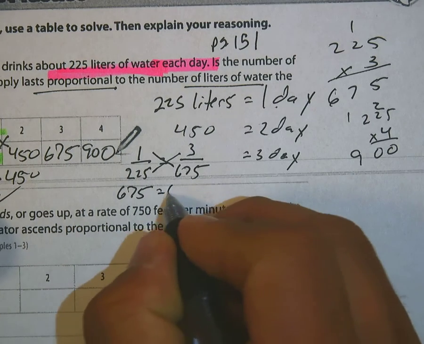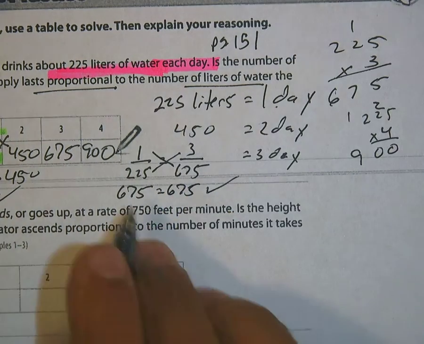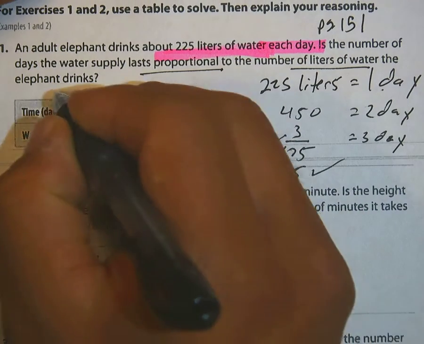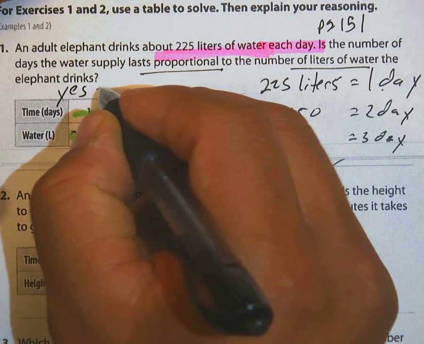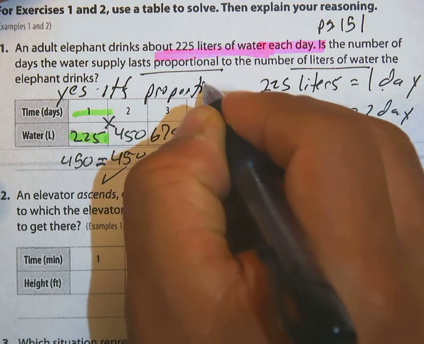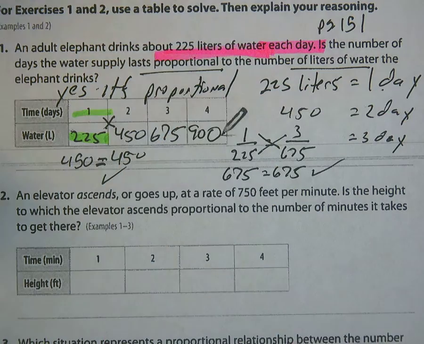So 675 is equal to 675 because they both check out. Then my answer would be, yes, it's proportional.